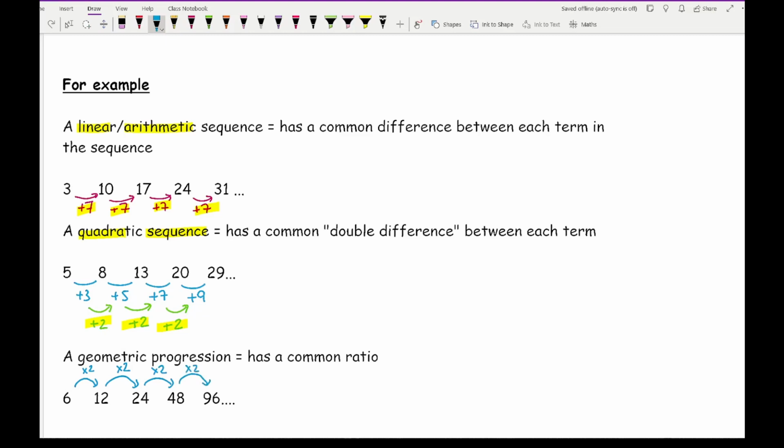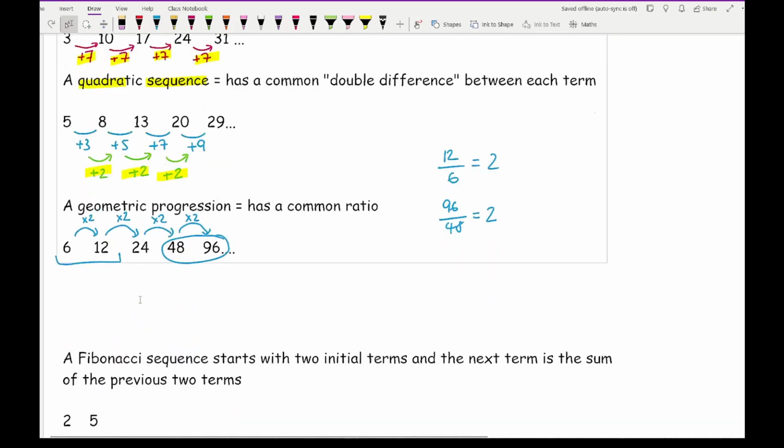For example, if I take the first two terms, 12 divided by 6 gives me an answer of 2. And if I pick another two consecutive terms, this time 96 and 48, 96 divided by 48 again gives me the same common ratio. So there is an example of a geometric progression.